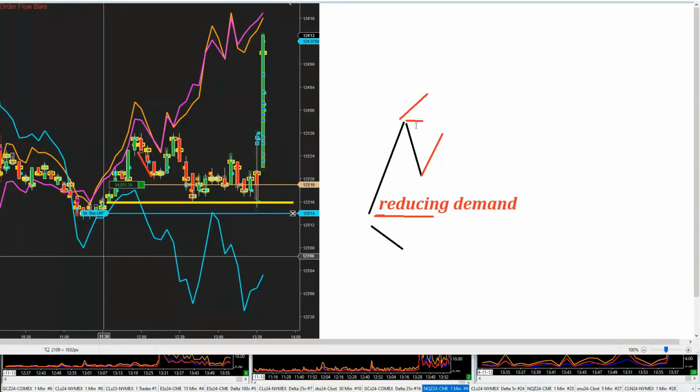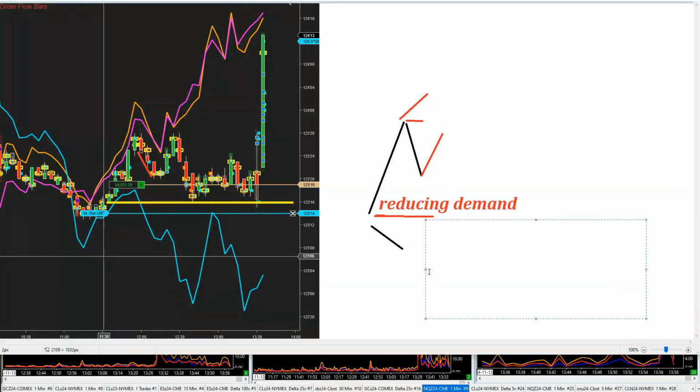And therefore, this is the big point we make here: if I classify this as reducing demand, and this is the big question, if I want to buy this, it needs to be lower. You see how easy that story is? If I want to buy this, it needs to be lower.